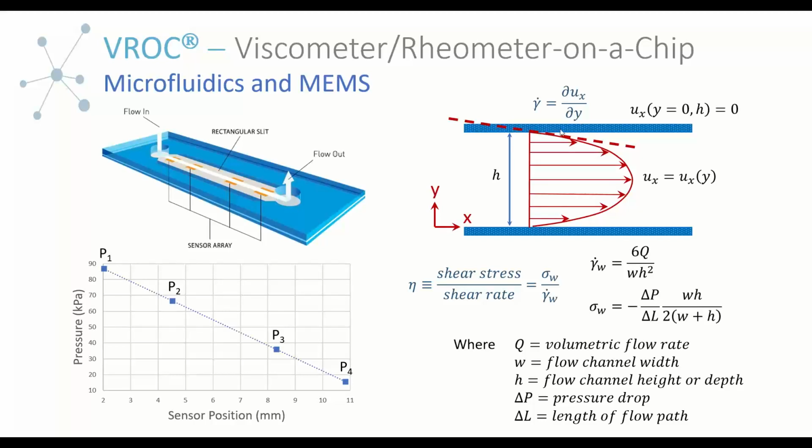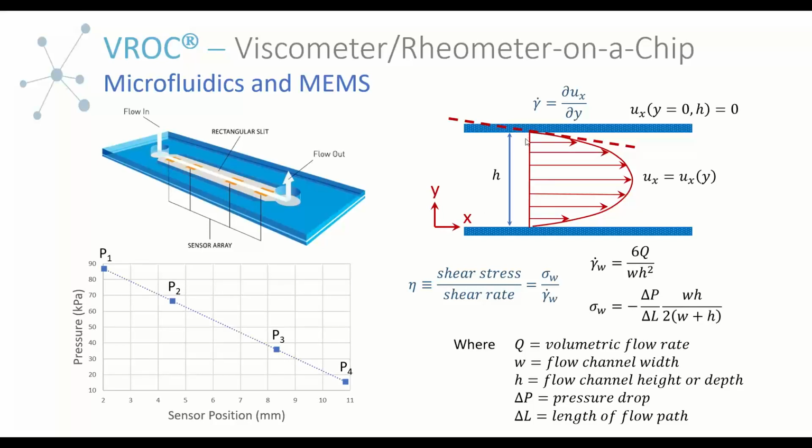The second one is what is referred to as no-slip boundary conditions. Solving conservation of momentum equations is a boundary value problem, so we have to define what is occurring at the boundaries. In this instance, the boundaries are the two solid walls that make up our microfluidic flow channel.